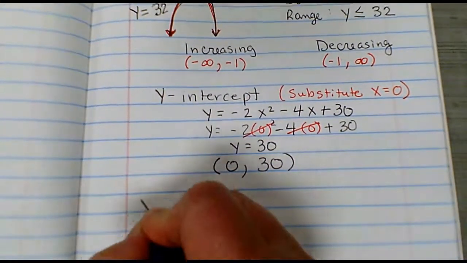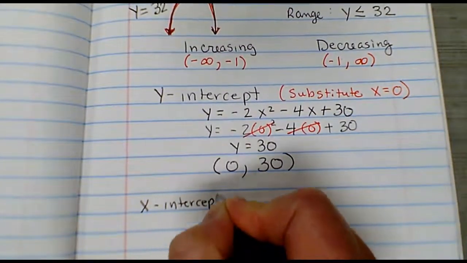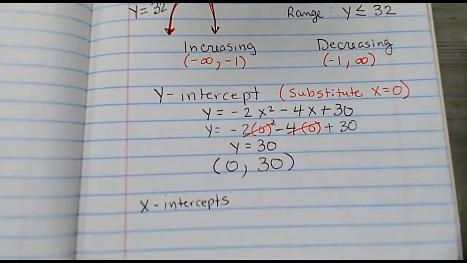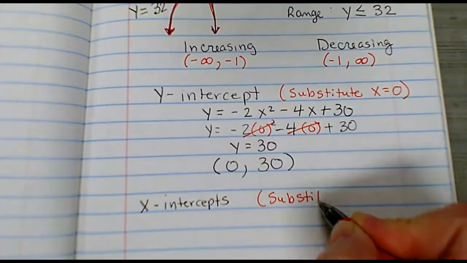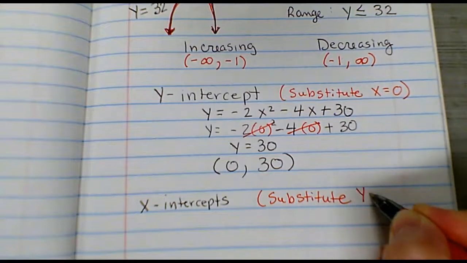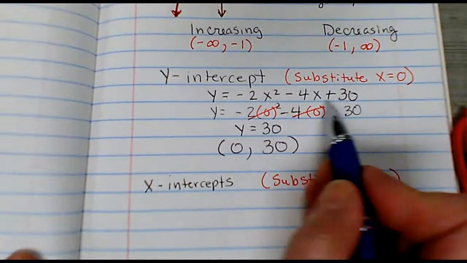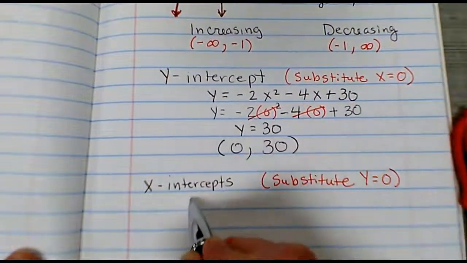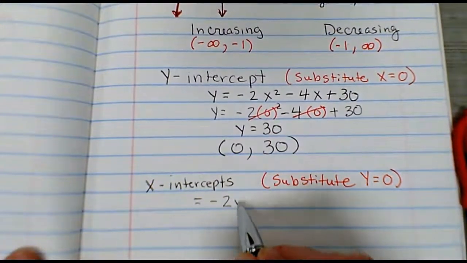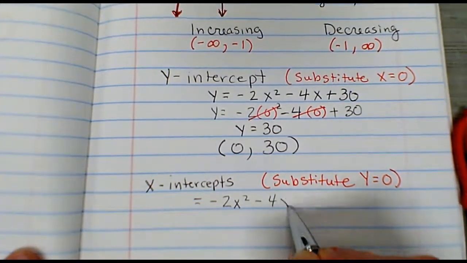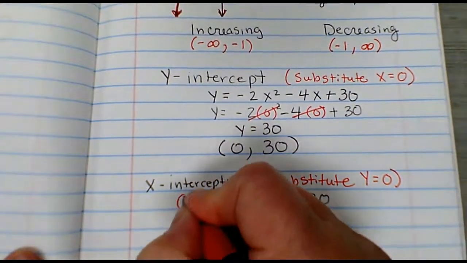But how do you find the x-intercepts? So in my standard form, I need the y to equal 0.